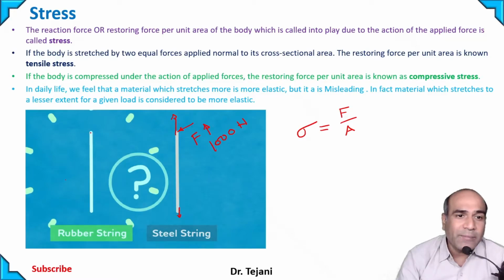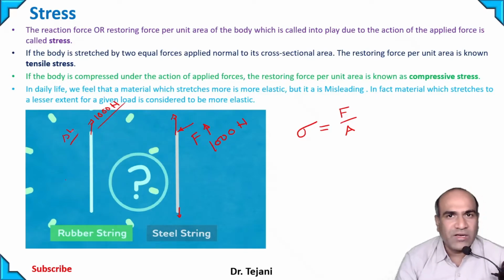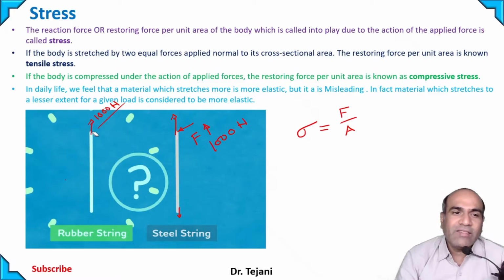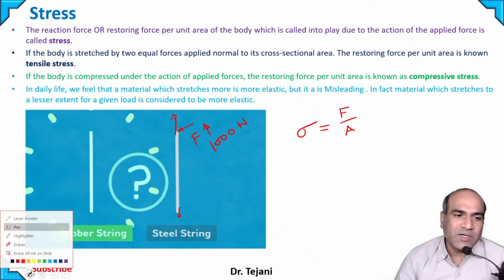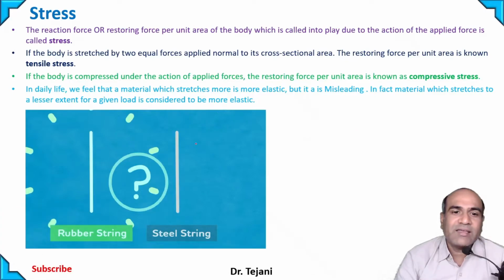But if we apply 1000 Newton to the rubber, what happens? It will expand, definitely delta L will be higher, but it will fail. It will break into parts, and therefore the property of elasticity is better in steel, not in rubber.